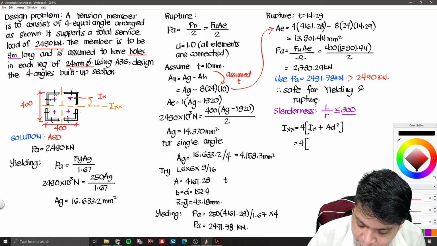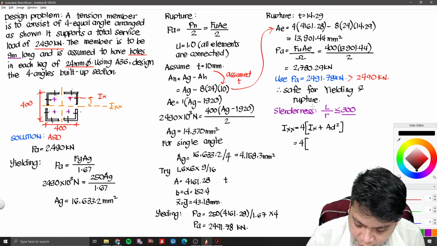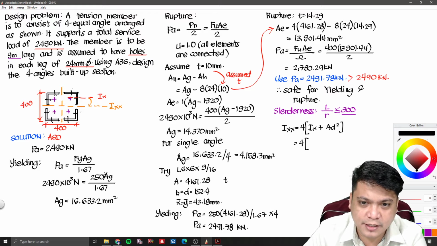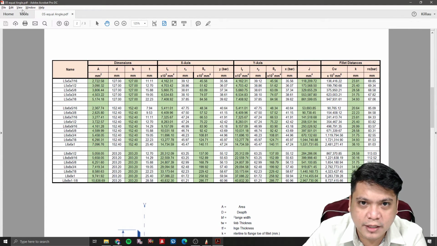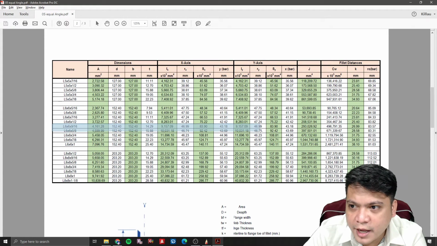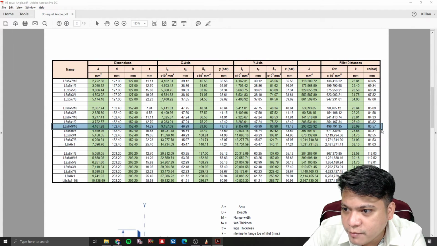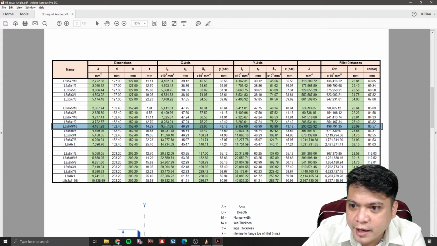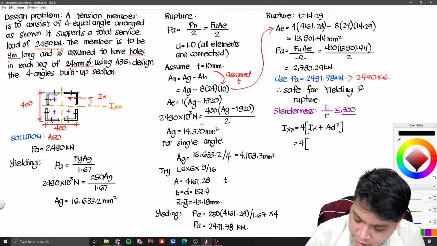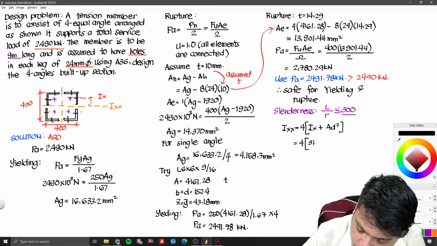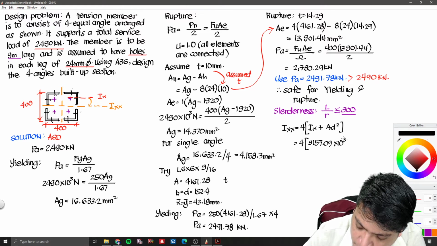So we will have here the IX of the L 6 by 6 by 19. Let's check the IX of this. There, you see the IX: 9157.09 times 10 to the 3.